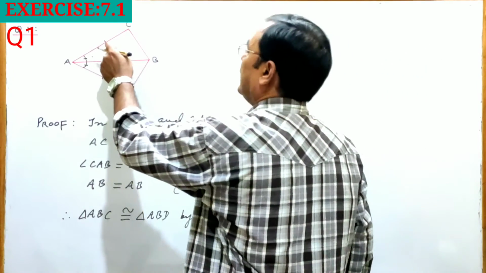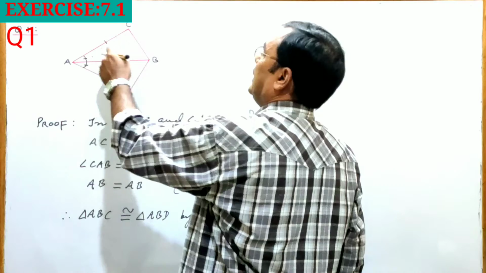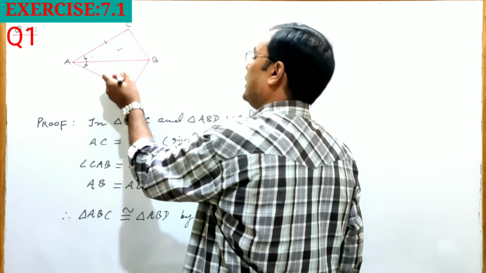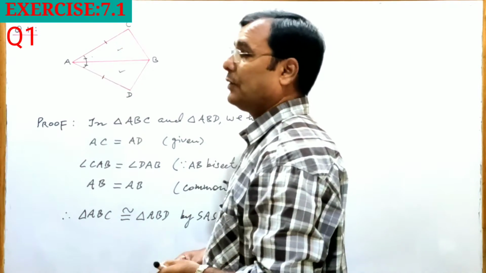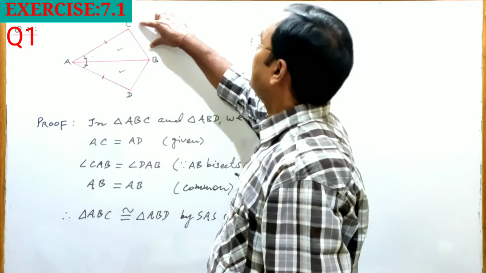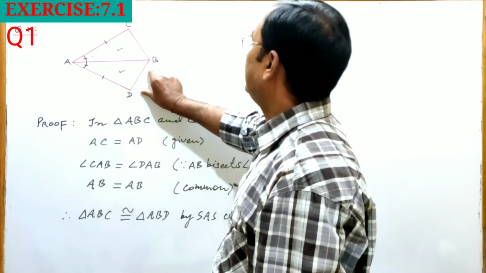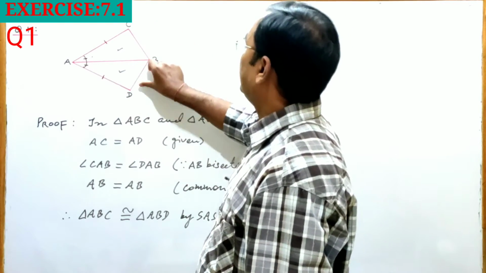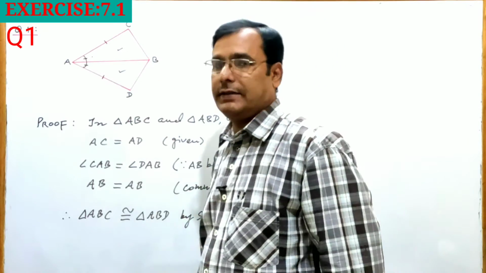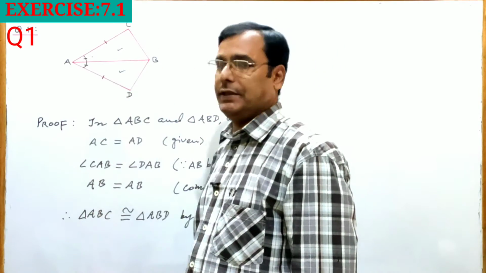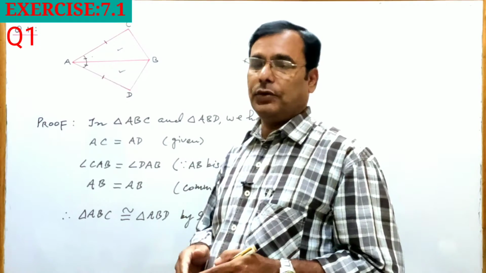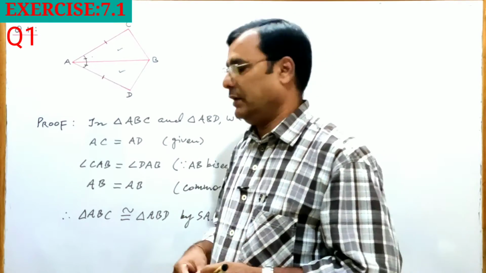And when triangle ABC and triangle ABD are congruent, then BC will be equal to BD because they are corresponding parts of congruent triangles ABC and ABD. Corresponding parts of congruent triangles are always equal.